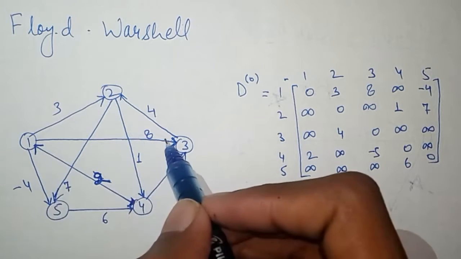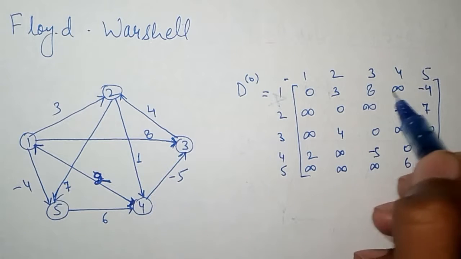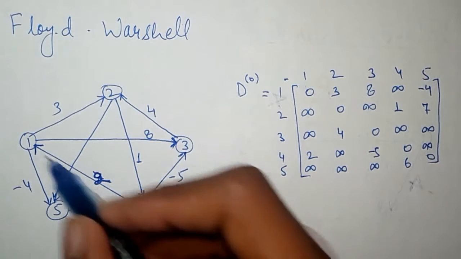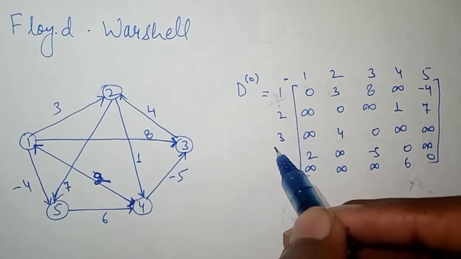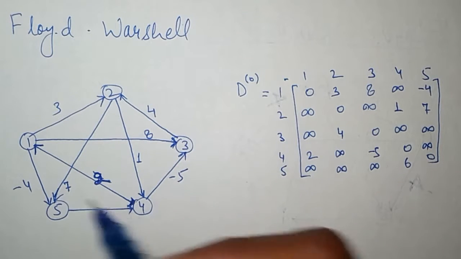The 1 to 4 does not have any path, so the weight is infinite, and 1 to 5 is negative 4. The other elements can also be filled by using the same method.